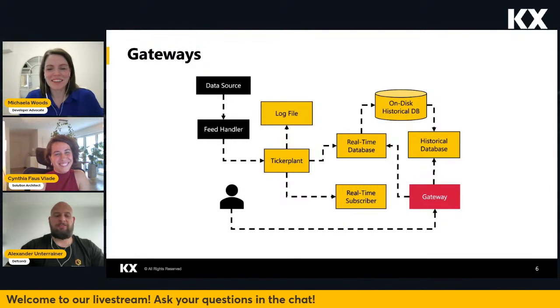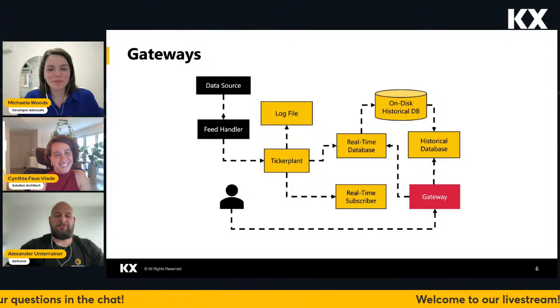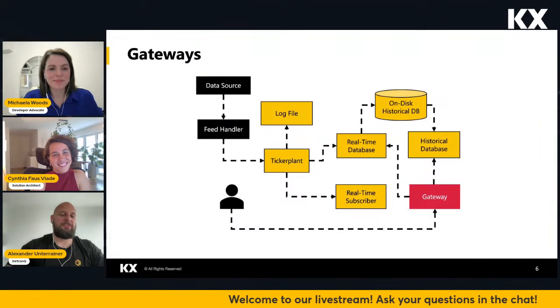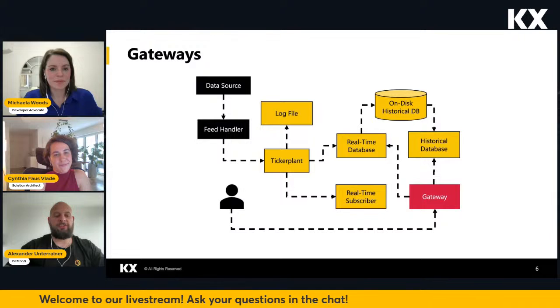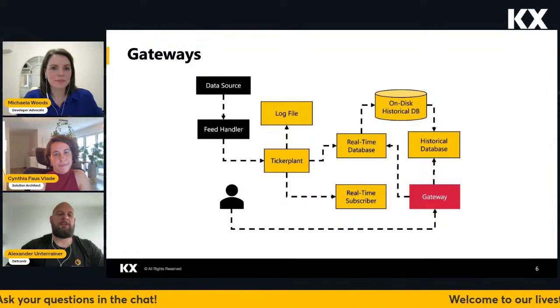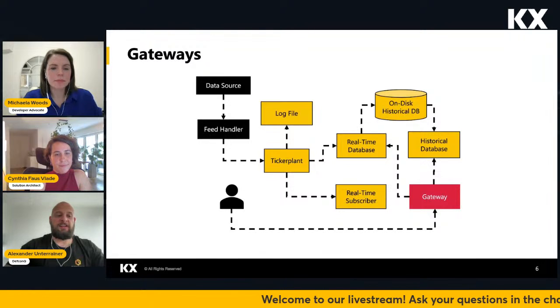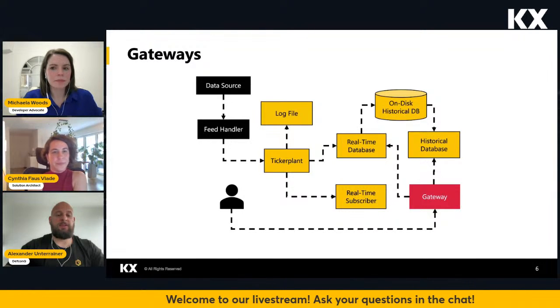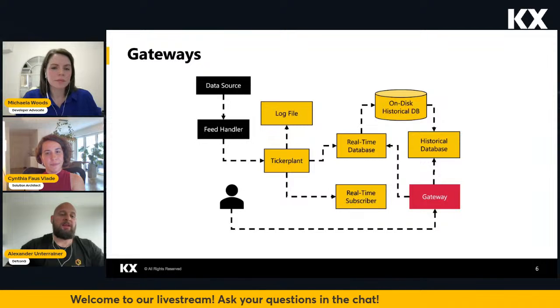Someone sends a select from trade query to the HDB, and you have 20 years' worth of data in the HDB, and there goes your HDB and it's down. So on the gateway, you can implement some security checks around the queries the user sent. You can make sure there's a date clause. You can make sure there's no bad query. And instead of sending it to your HDB, you can simply block it and send back an error to the user.